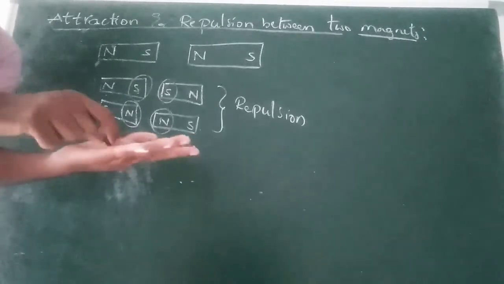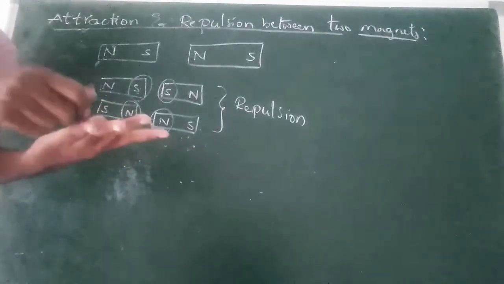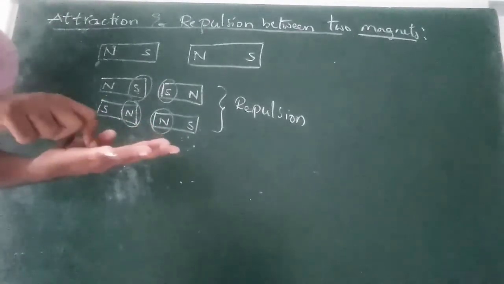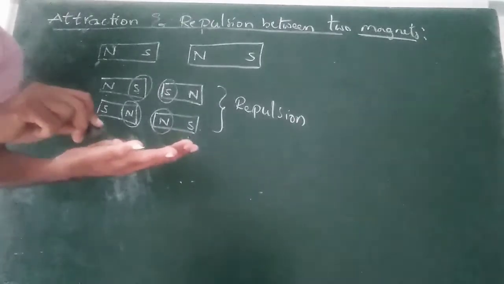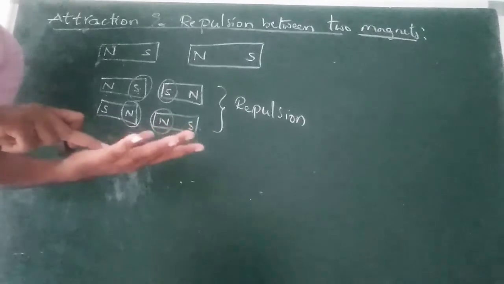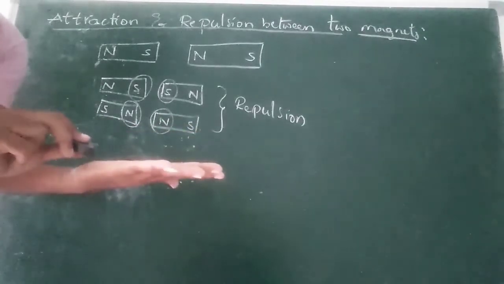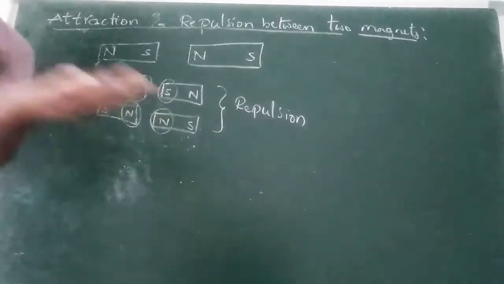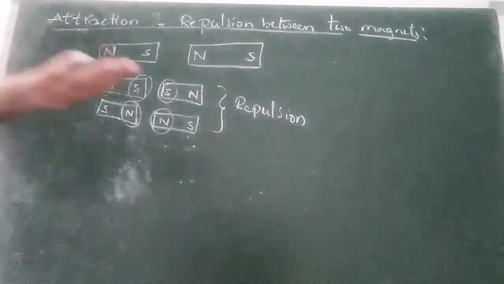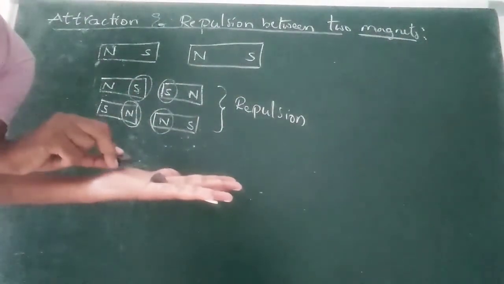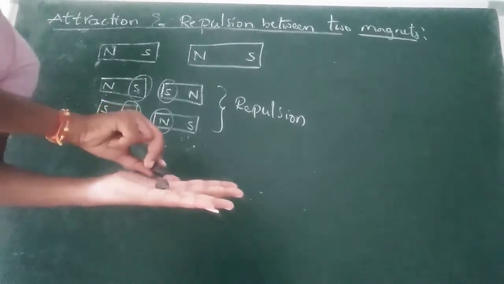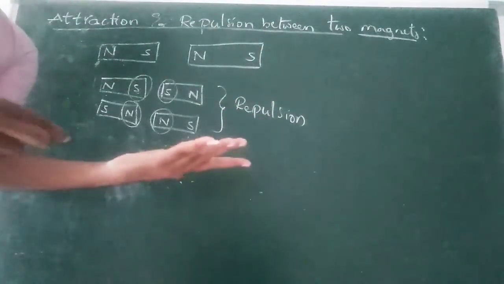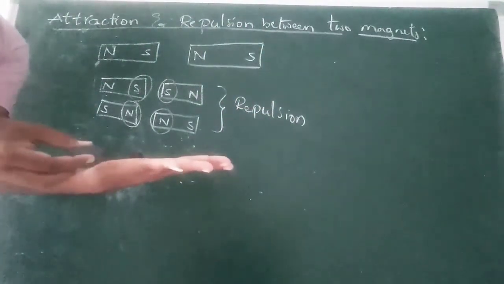Observe this. The magnet changes its direction. The magnet moves automatically. It is not attracting.